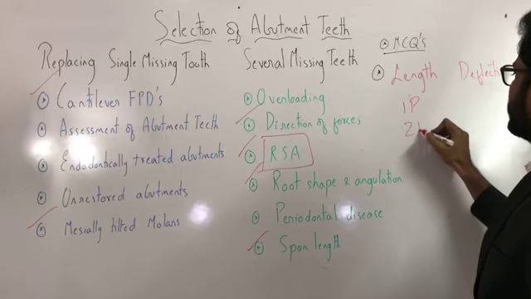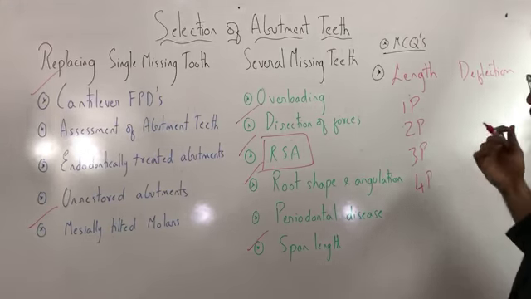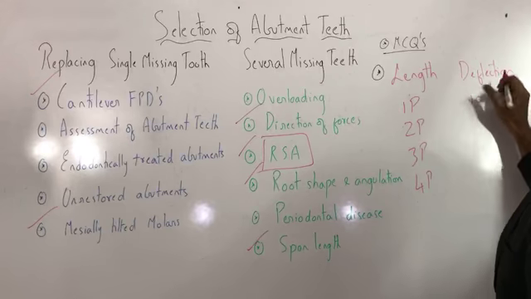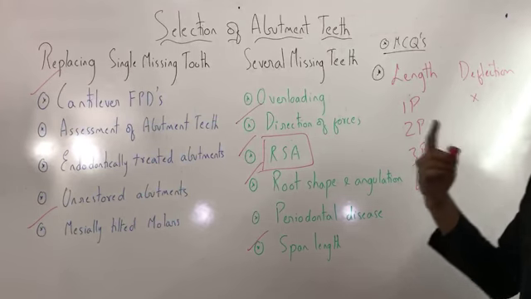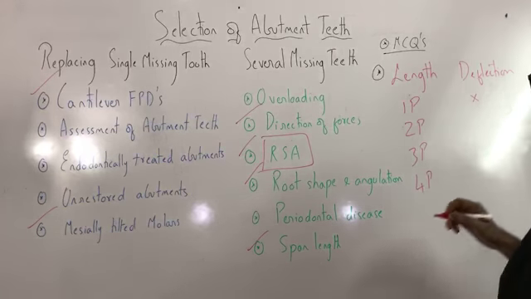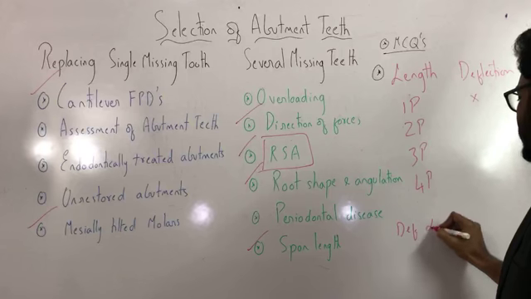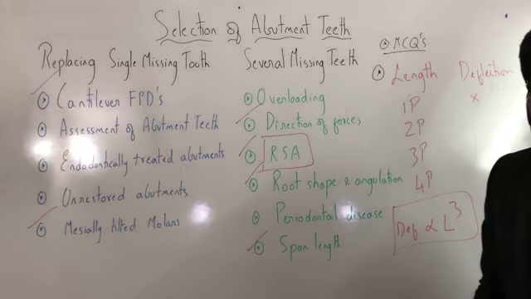One pontic, two pontic, three pontic, four pontic length, the span of the bridge. It changes by x units. As we discussed earlier, if one pontic changes by x units, two pontic changes by 2 cube, because deflection is directly proportional to cube of length, right?